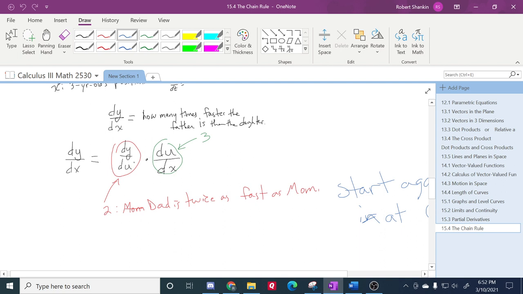Why not add them? Maybe Dad is 5 times as fast as the child, not 6 times as fast. Anybody want to offer up a possible explanation of why we say it's 6 times instead of 5 times as fast?